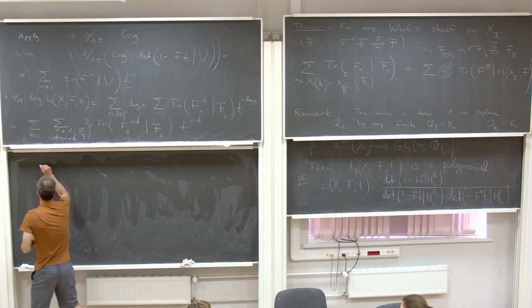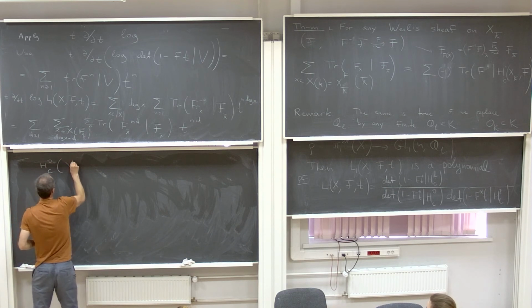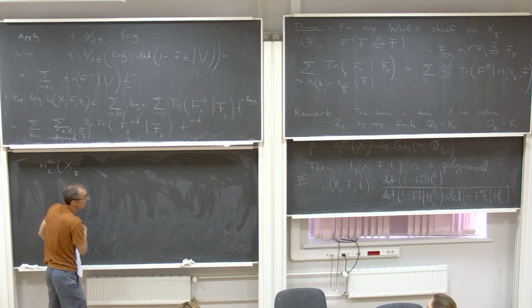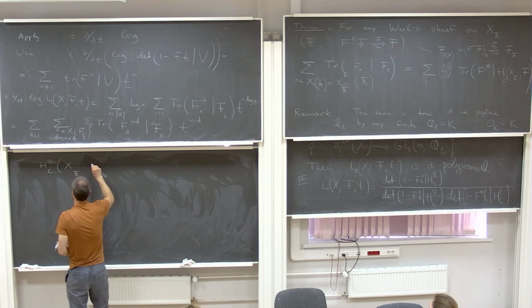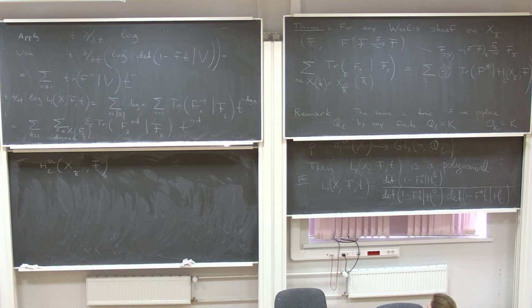So what is H0 with compact support of x k bar with coefficients in F? We did some computation last time. First of all, without compact support, what would it be? X is not compact. Let's say first without compact support, just the usual homology.